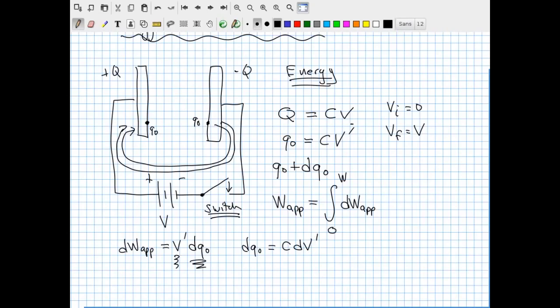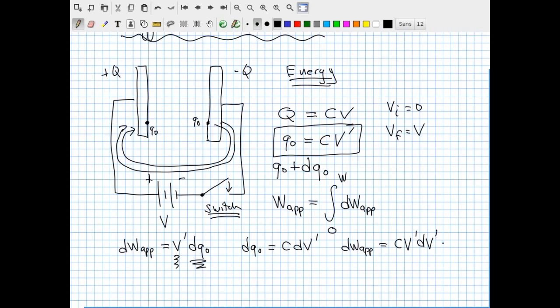And that just comes from this capacitor equation up here. So thinking about moving an additional little bit of charge, dq naught, across the circuit and to the other side of the capacitor, if we plug that into the little bit of work that we are doing every time we move a little bit of charge, we wind up with a very convenient equation here, which is just C V prime dV prime.